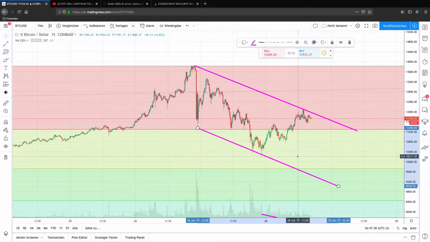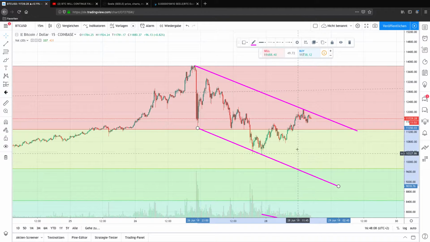So we could eventually see Bitcoin moving between the main trend line and the channel line for the next hours and days. So at this point it seems so, but what I want to see right now is Bitcoin bouncing between these two lines or not breaking one of these two lines too fast.